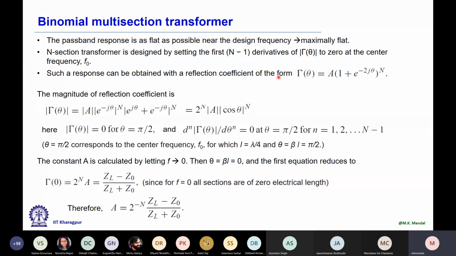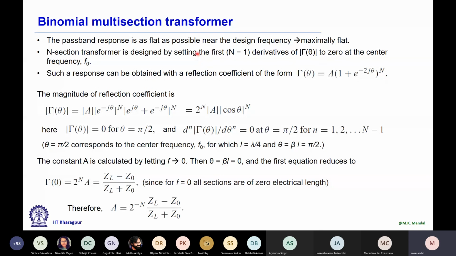Now, this is actually an assumption. Such a type of response can be obtained if the reflection coefficient has the form of a constant A multiplied by (1 plus e to the power minus 2j theta) whole to the power n.